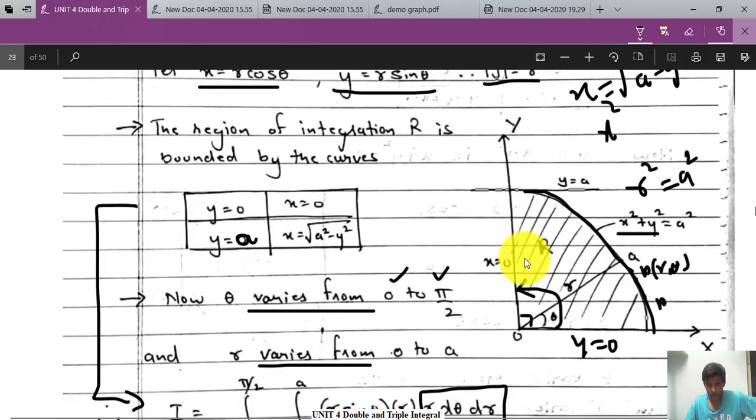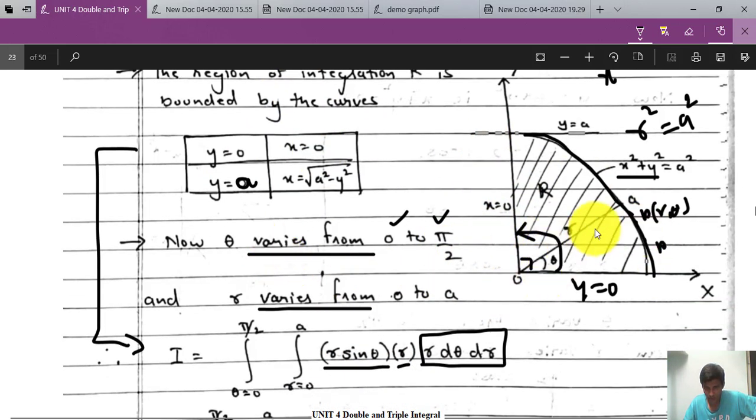Then the first thing is, take all the limiting points of the x variables, and draw a rough sketch. Depending upon this rough sketch, you can easily identify what values theta varies from and to, and you should only focus on the shaded region, right?